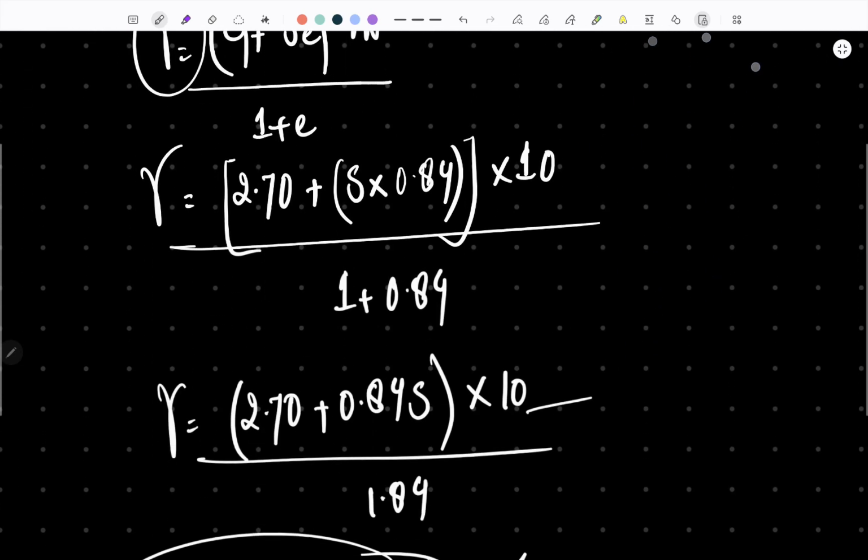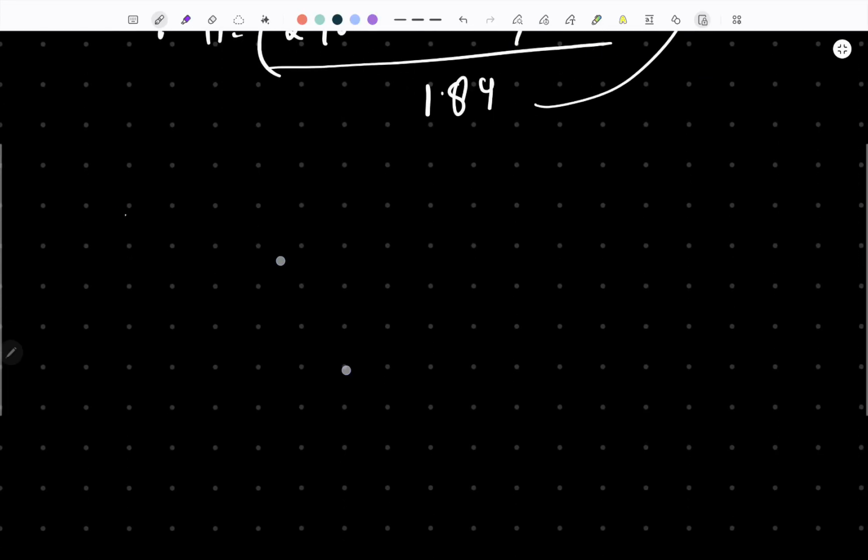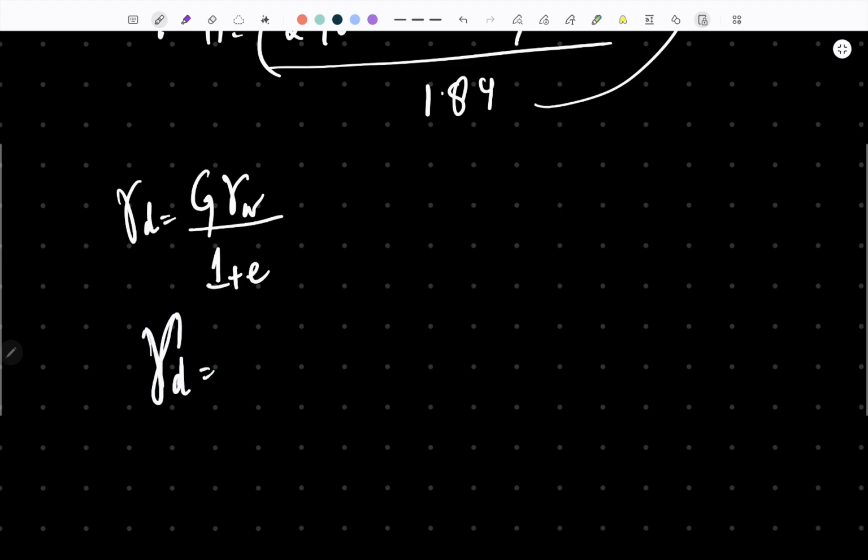The next thing that we need to find is the dry unit weight. Let's find the dry unit weight first. Dry unit weight, as you know, is bulk unit weight divided by 1 plus E, but I'll be using this equation: dry unit weight is equal to G, 2.70, times unit weight of water, 10 kilonewton per cubic meter, divided by 1 plus E. E is how much? 0.84.